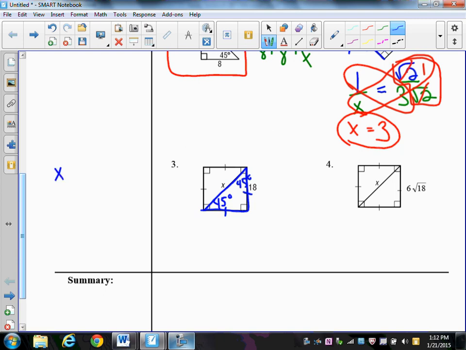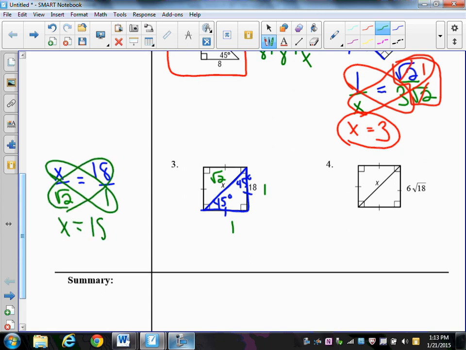So what I have here is x and 18. And remember, this was 1, 1, square root of 2. The two legs are 1. So underneath x goes the square root of 2. Underneath 18 is 1. So I have x is equal to 18 times the square root of 2.